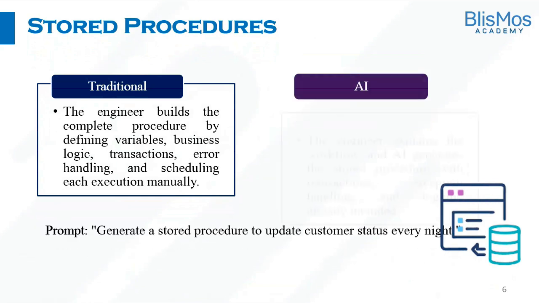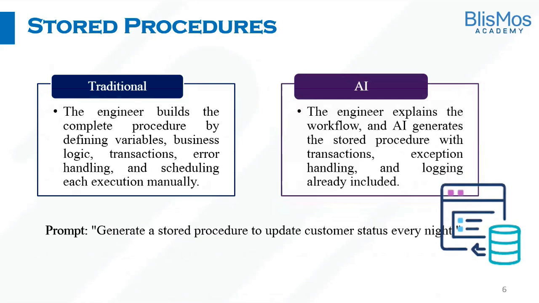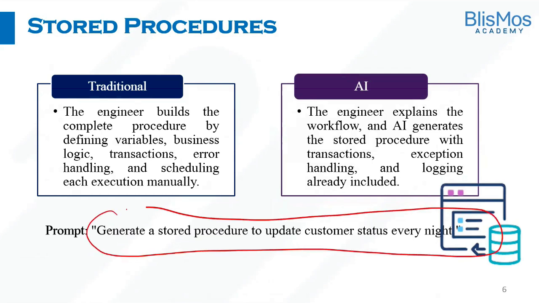Again, by using AI, the engineer will just explain the workflow. AI generates the stored procedure as per the requirements of the transaction, exception handling, and also logging. So the prompt can be: generate a stored procedure to update the customer status every night. You will get SQL code or PySpark code. You can take that and implement it.